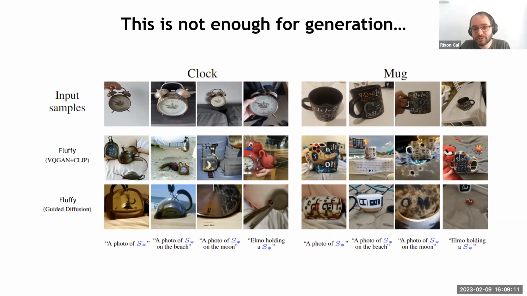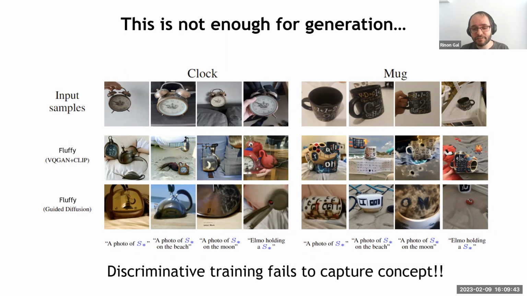But right, more than that, this type of training doesn't even constrain the new words to regions of the space that correspond to natural looking images. It doesn't really care at all if the best match for the new concept is some garbled mess of an image. All it needs is something that looks vaguely like a mug, it has black and white colors, and it has something that looks like text on it. Okay? So to summarize this in one bold sentence, discriminative training fails to capture our concept.